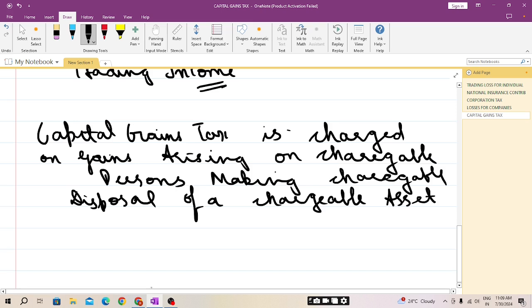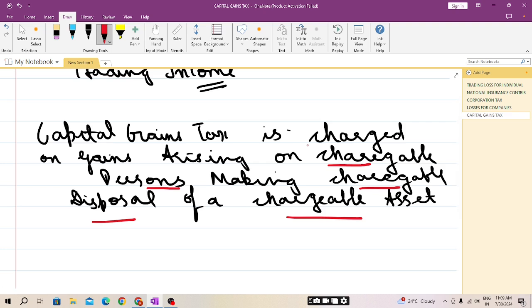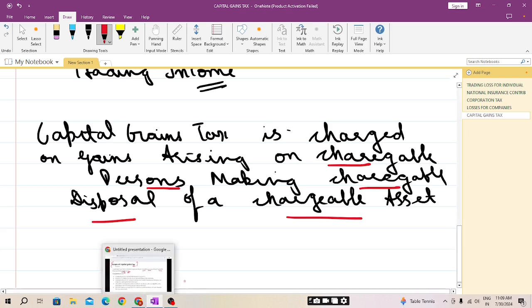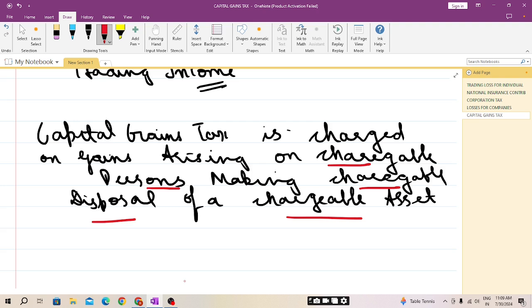I hope this is clear. So CGT implications will arise when there is a chargeable disposal by a chargeable person of a chargeable asset. I hope this is clear. Now we will be covering in more detail what chargeable asset, chargeable disposal, and chargeable person mean.